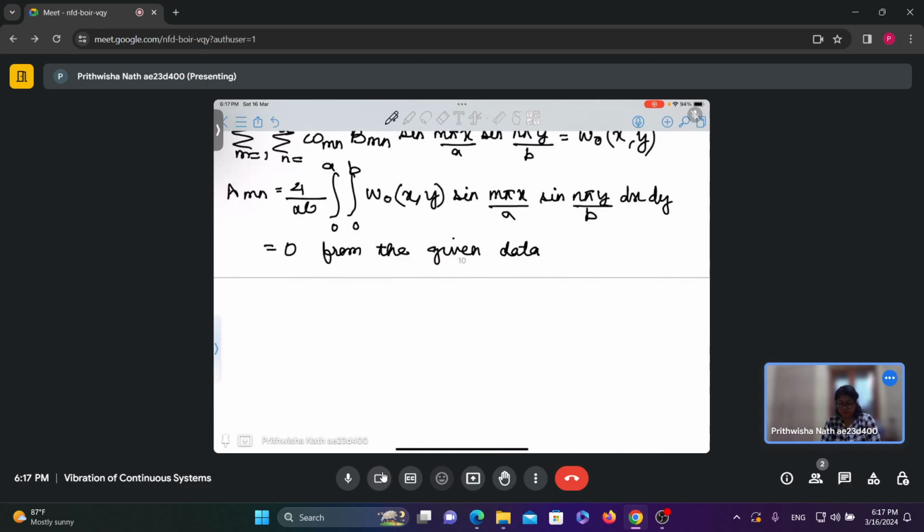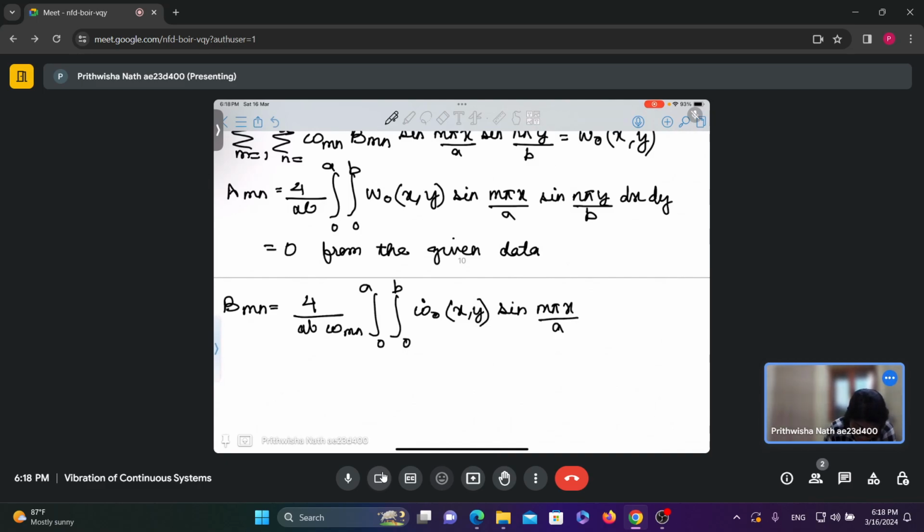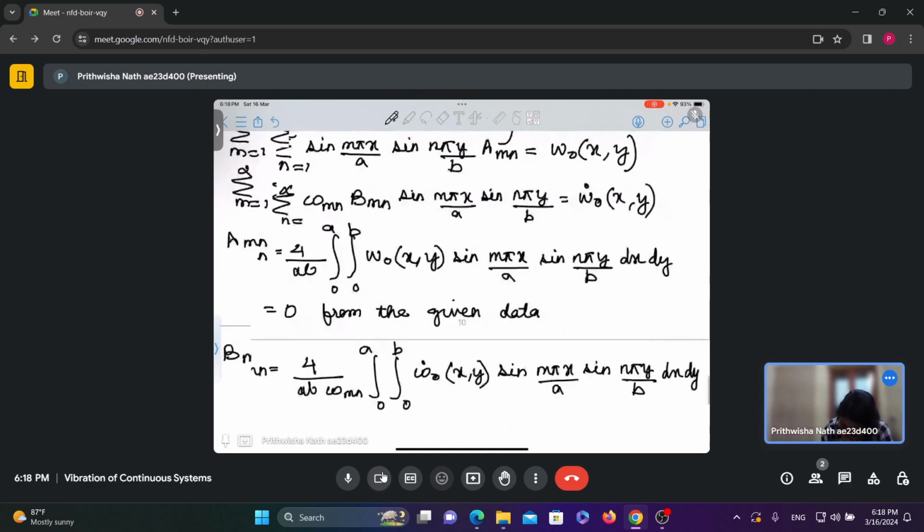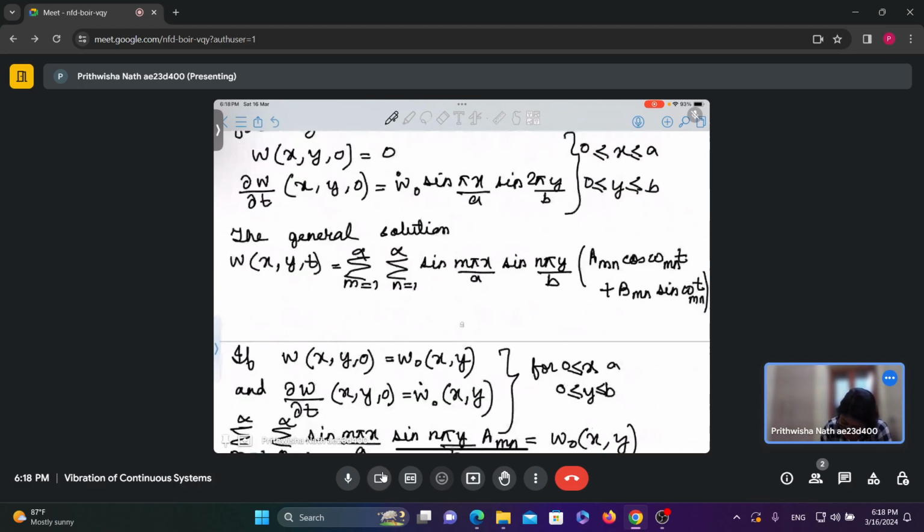Now I need to calculate bmn. How can I write this as 4 divided by ab omega mn, integral 0 to a, 0 to b, of w naught dot x comma y sine of m pi x divided by a sine of n pi y by b dx dy. Now I'll substitute.